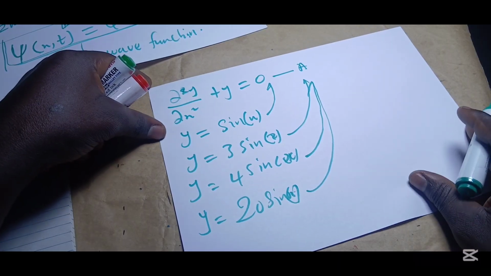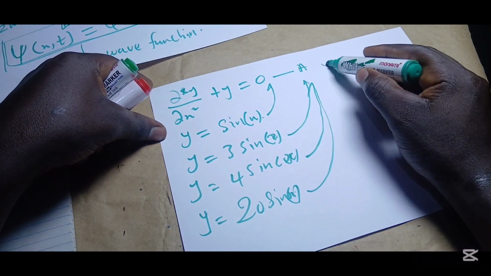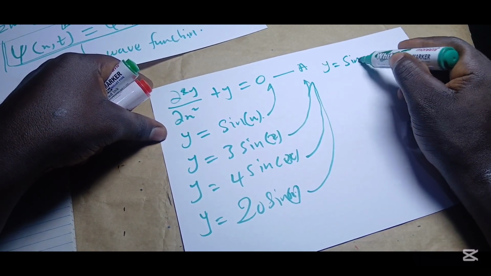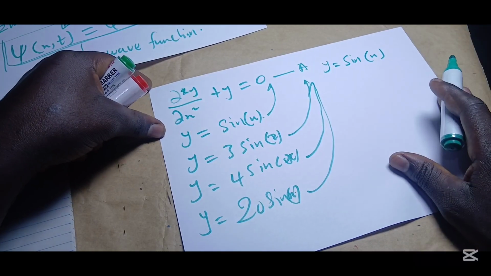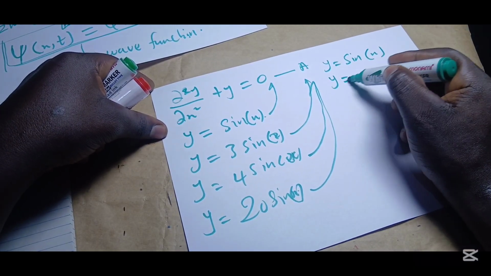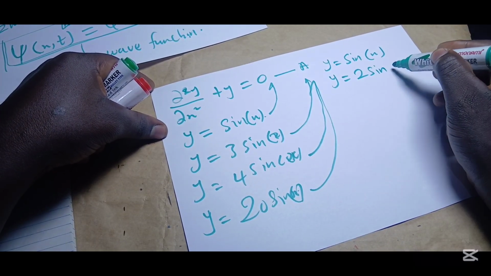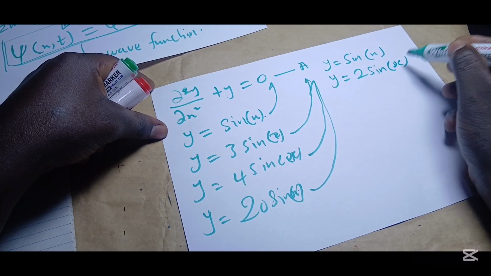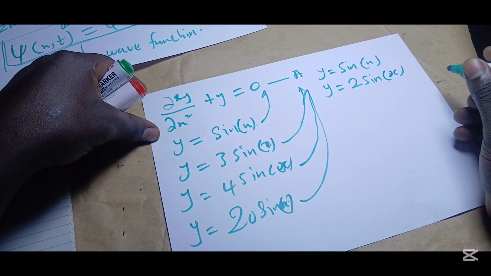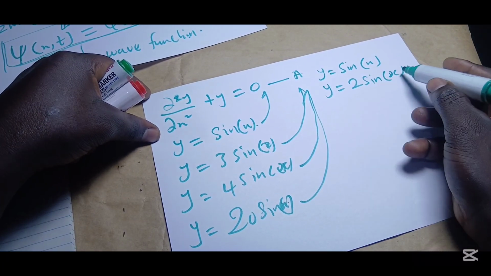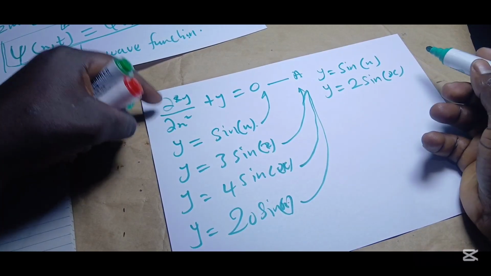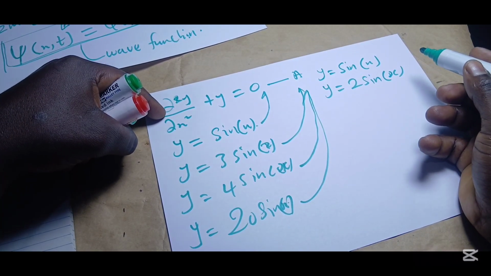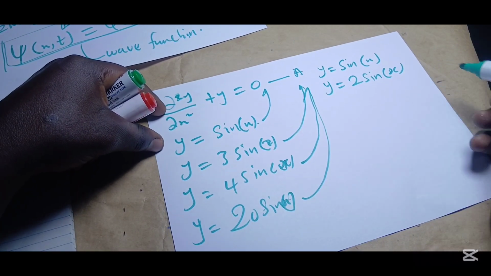To prove that, let's say from here we have y equals sine x. And we said if we multiply y by 2, that will also be part of the solution. So let's try differentiating this to the second order with respect to x and see what we get.